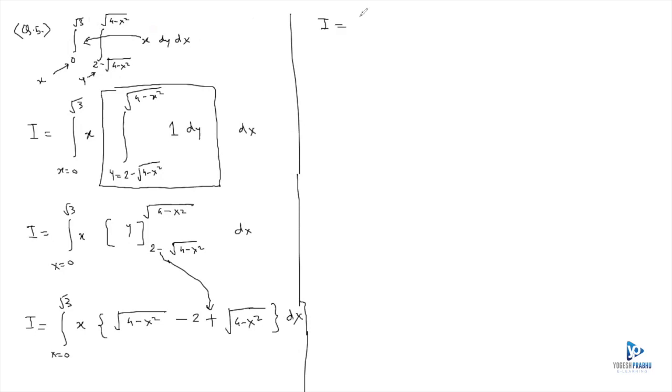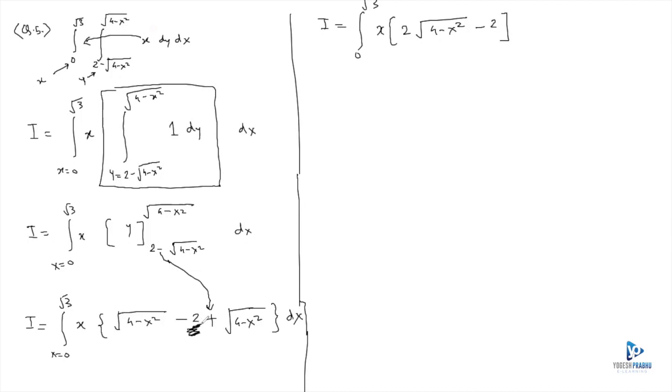I equals integral 0 to square root 3, x times square root 2 times square root of 4 minus x squared, plus 1... Plus square root minus 7 minus this 2, no?